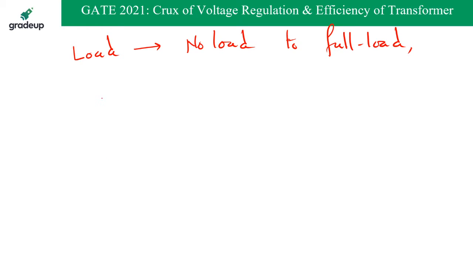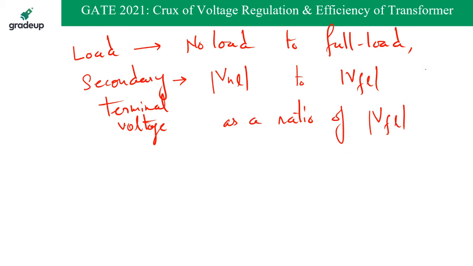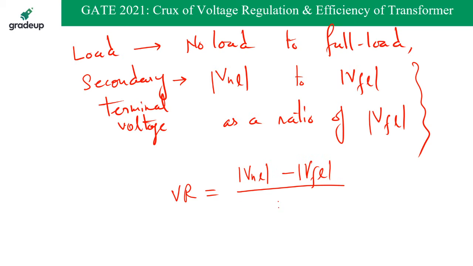If you are able to tell your consumer that the secondary terminal voltage is going to vary from V no load to V full load as a ratio of V full load, you are giving the maximum buffer to the consumer: whatever load you connect, the voltage at the secondary terminal is not going to change beyond this. This is the maximum possible change, and this is the background story of how we define the voltage regulation of the transformer as V no load minus V full load upon V full load.